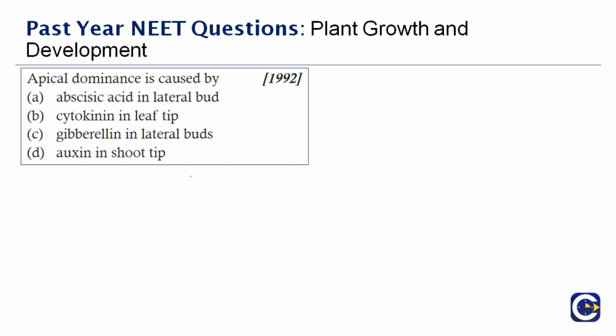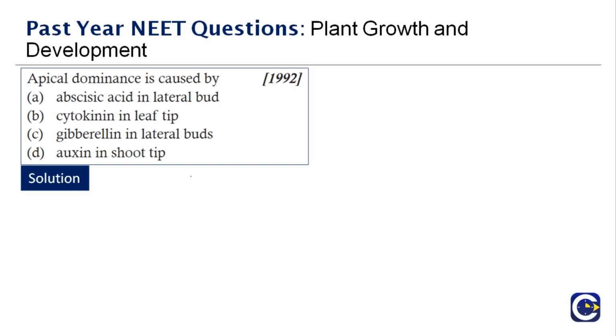Apical dominance is caused by dash. Very easy question for you to answer. Cytokinin will actually prevent apical dominance. But what does apical mean? Before that, what is apical? It denotes the tip or the terminal.